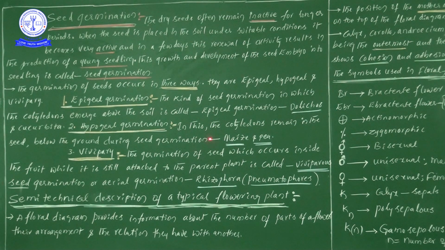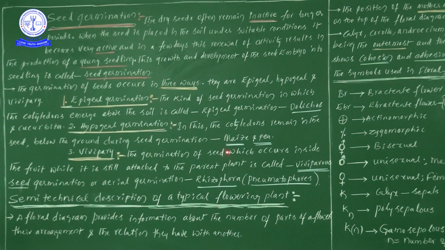Point understood here. So what is the information I have written? In this, cotyledons remain in the seed below the ground. Here, all these cotyledons are not coming out. Not is important: not coming out, staying inside the ground during seed germination. I hope you understood this one.